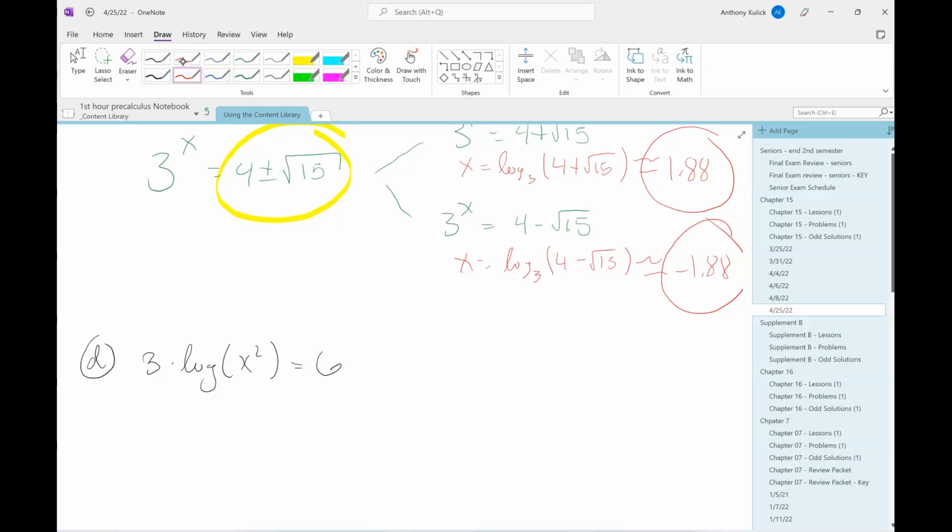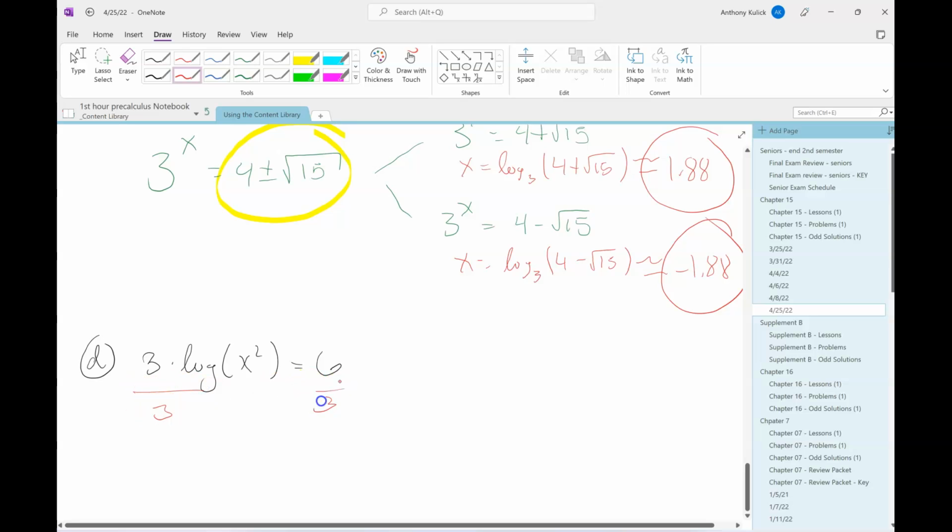This here is a logarithmic equation. What do I want to do first? What does your instinct tell you is the first thing that I can do or should do here? That's absolutely the first thing that I would want to do. Yes. Let's get that logarithm piece all by itself.